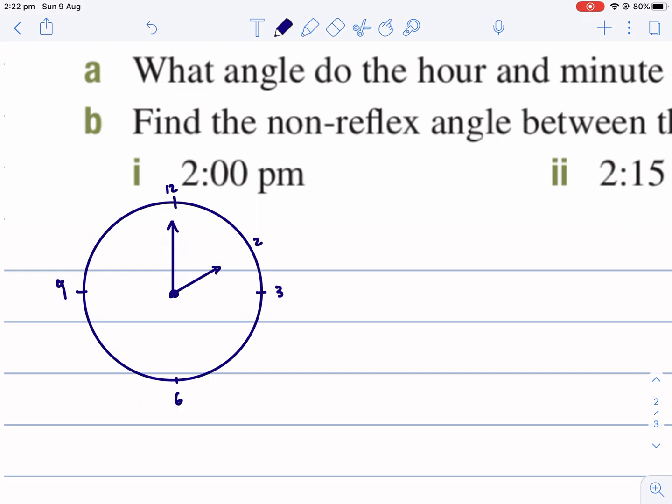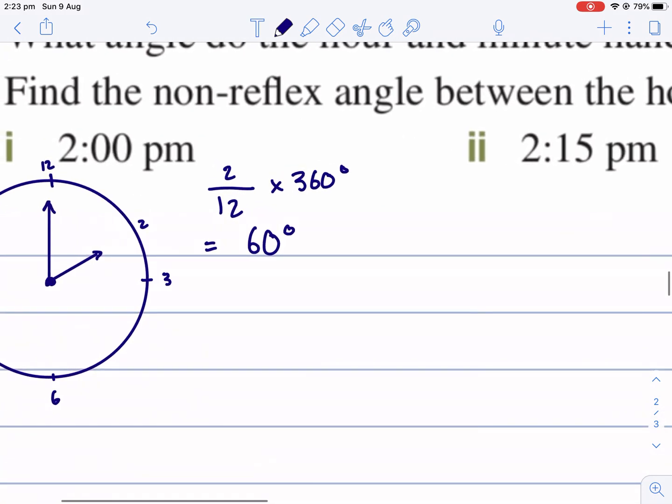So we've got 2 gaps in between them. There's 12 gaps all around, times 360 degrees because it's 360 all the way around. So we've got 60 degrees in between them here.